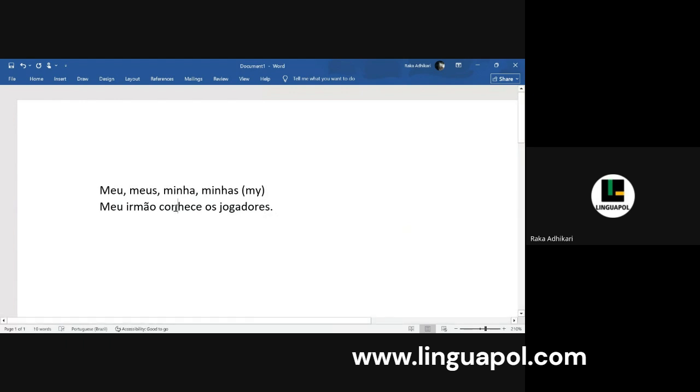Anybody remembers this verb conhecer and what it means? To know. Yes, to know. So what is the meaning of this sentence? Meu irmão conhece os jogadores. What is jogador? Player.